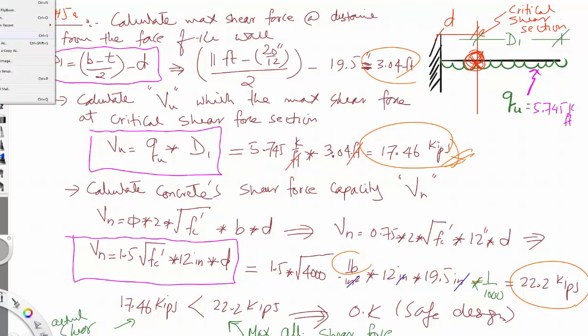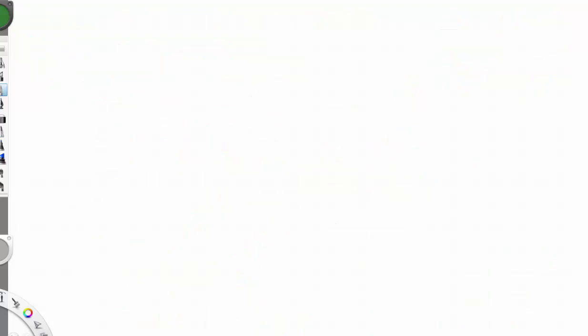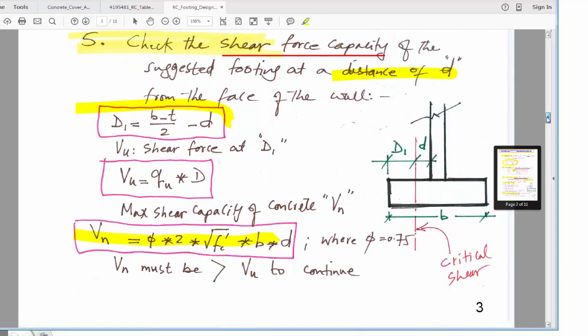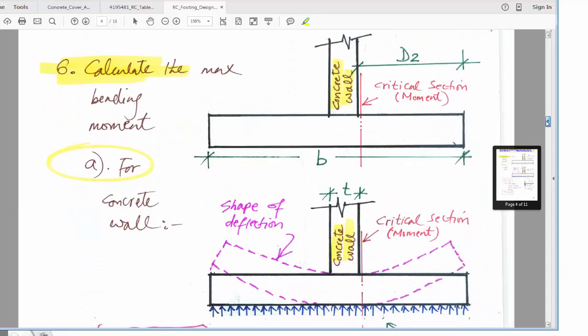So this is good. Once we get this part passed, then we'll move to another. Let's look at the steps here. Once we calculated this, now I'll move on to the next, which is to calculate the maximum bending moment.